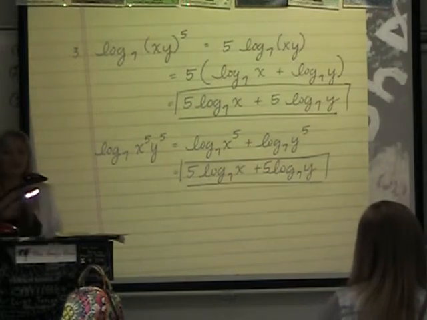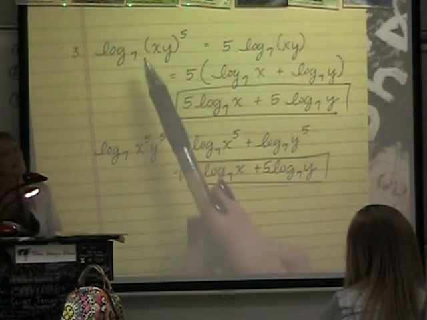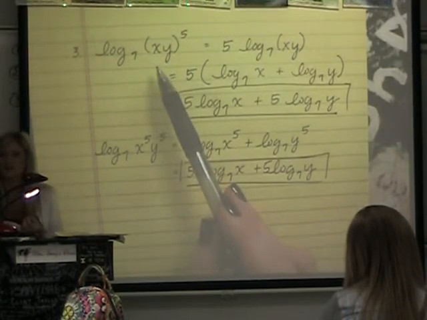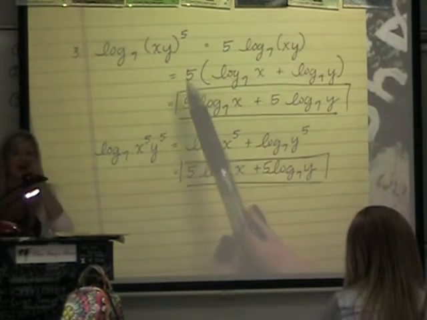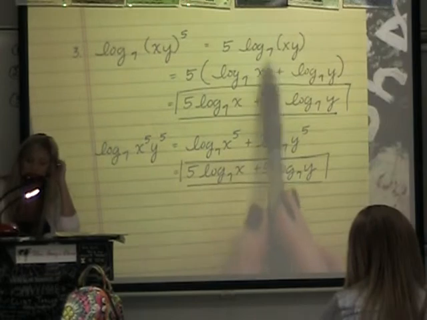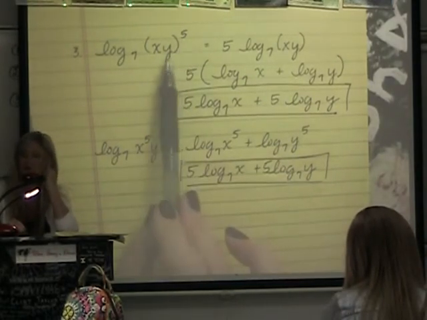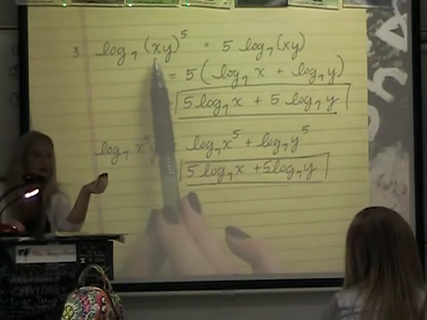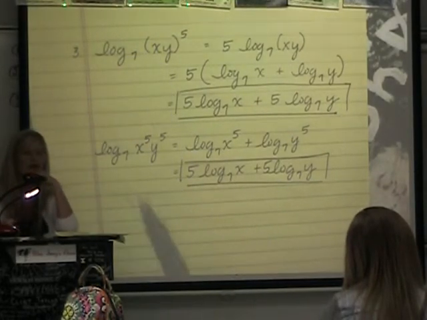I would like to see your thinking, but I do understand that some of you, especially on some of the smaller ones, can go straight from the question to the answer, and I understand that. Just be really, really careful if you do, because sometimes we get careless and you might only pull the 5 down in front of one of the logarithms in a case like number 3.